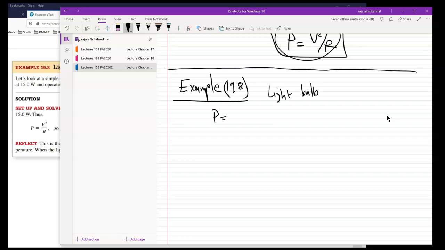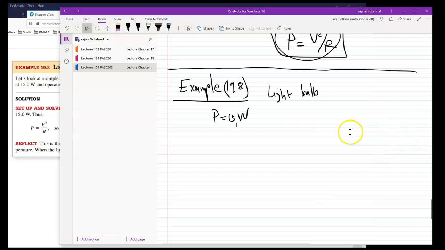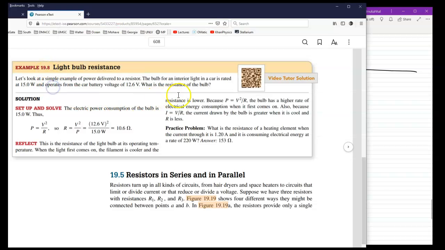The power on the light bulb is 15 watt, and I always write down what was given, even if it's an easy problem. The voltage is 12.6 volt. And then what is the resistance of that light bulb?